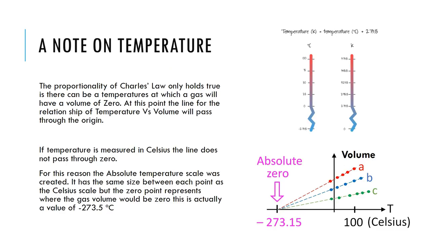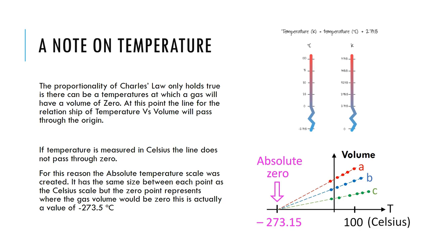A note on temperature: when we looked at the simulations, you should have noticed that our temperature was in Kelvin, not Celsius. Now this is very important for gases, and some of you may be aware of the Kelvin scale and some of you may not.